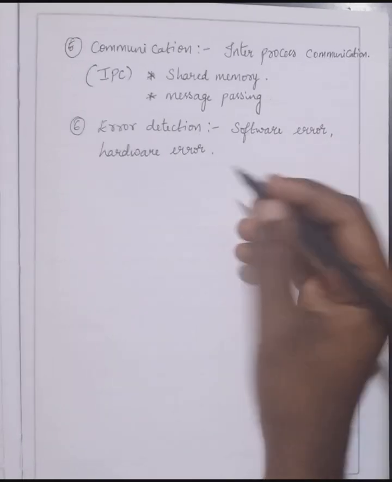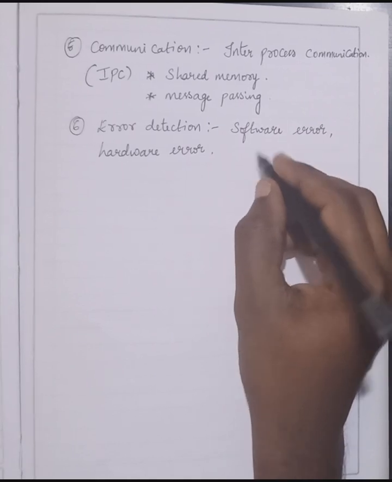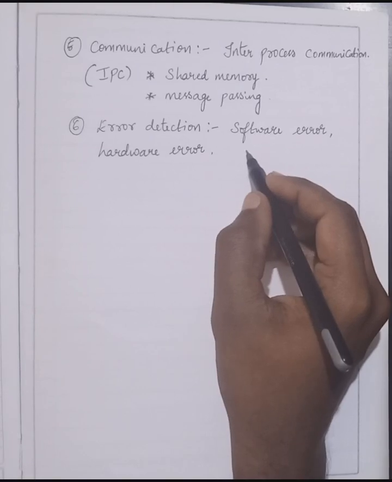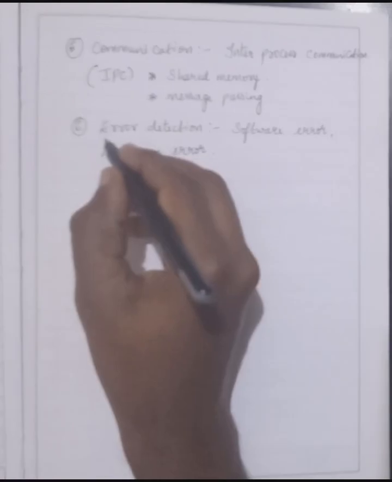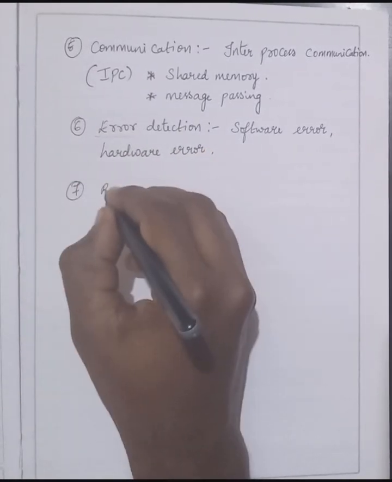For example, whenever we are running a program, there may be an error in the CPU, an error in the memory, a memory failure or an input output failure. Everything should be taken care of and managed by the operating system. That is error detection.